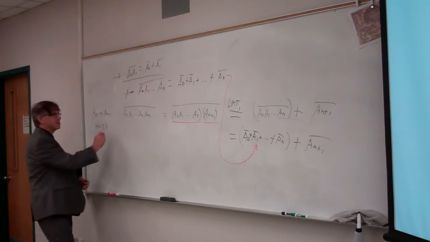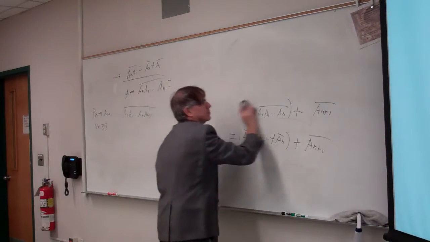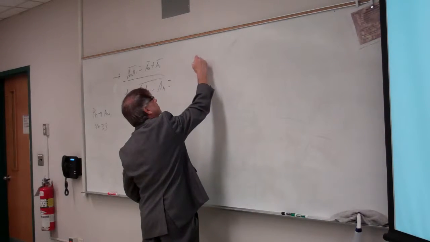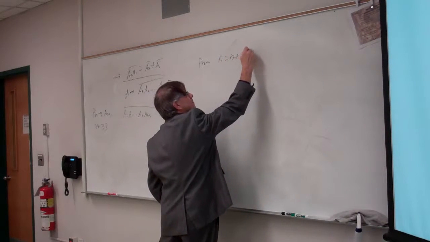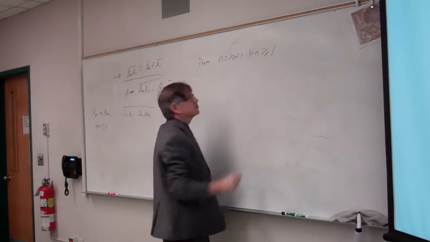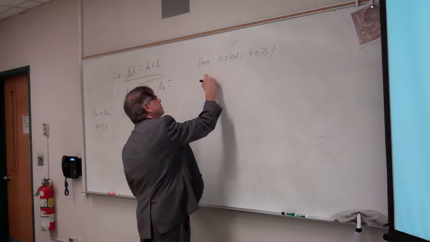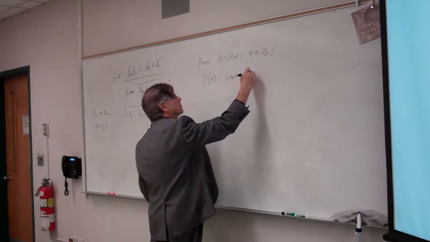Right, so here's a reductionist example. Prove n equals n plus 1 for all n bigger than or equal to 1. Well, P of n is the proposition that says n equals n plus 1.